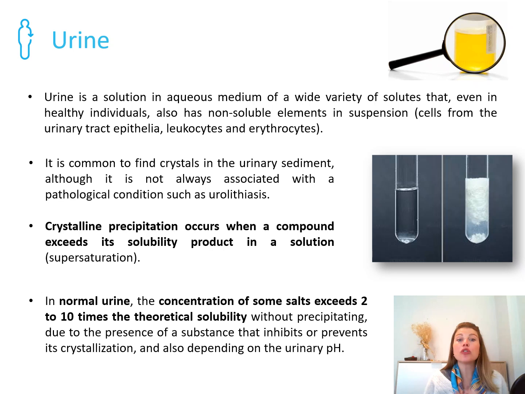In normal urine, the concentration of some salts exceeds this solubility product without precipitating, because in the urine there are substances that can inhibit or prevent their crystallization, and also because of the urinary pH that maintains this solubility.